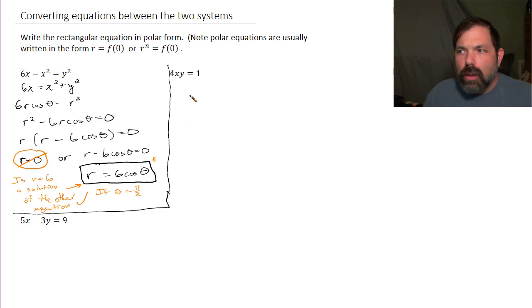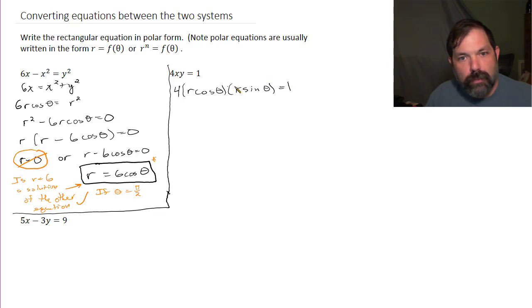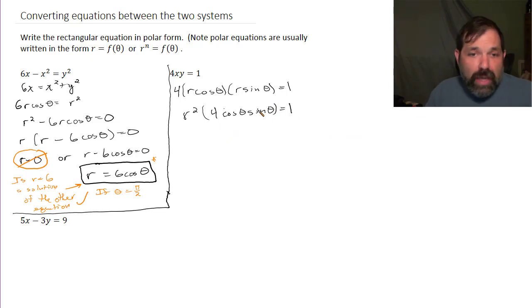All right, so if 4xy is equal to 1, then I can write that as 4, and instead of x, I can write r cosine theta, and then instead of y, I can write r sine theta equals 1. And so then I have r squared times 4 cosine theta sine theta equals 1. And now we can actually simplify this a little bit.